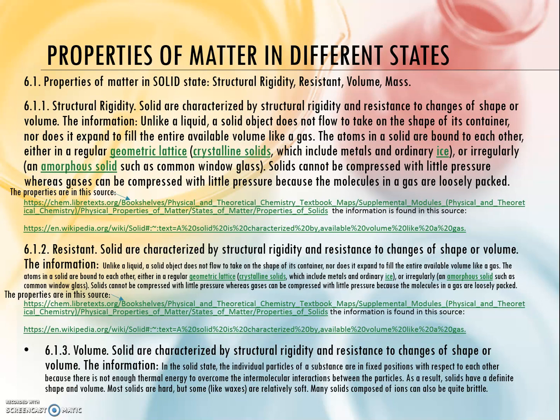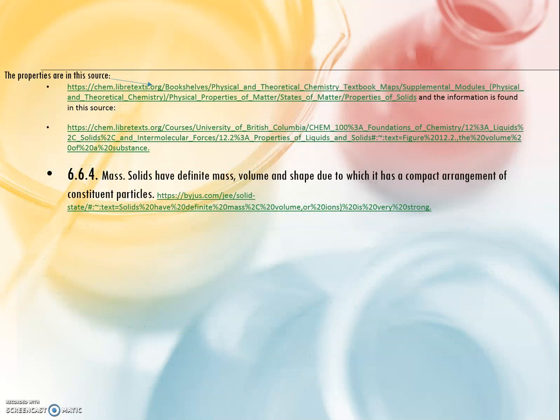As a result, solids have a definite shape and volume. Most solids are hard, but some, like waxes, are relatively soft. Many solids composed of atoms can also be quite brittle. The properties are found in this source, the first one, and the information is found in this source, the second one.